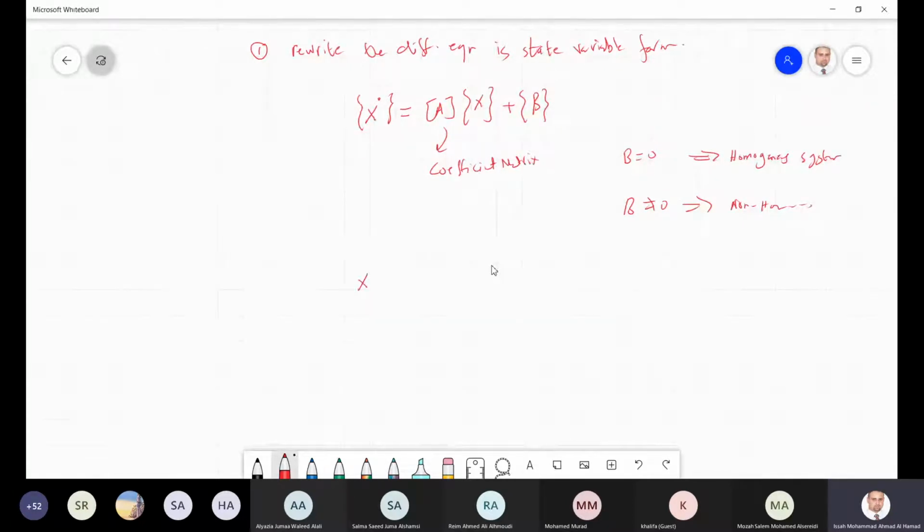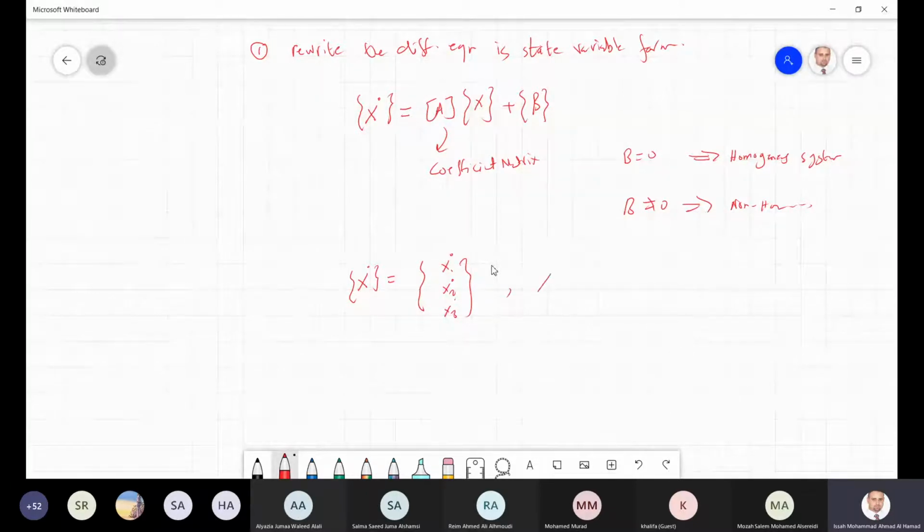So the x dot vector is simply x1 dot, x2 dot, x3 dot, for example.